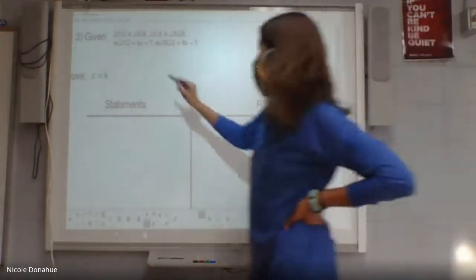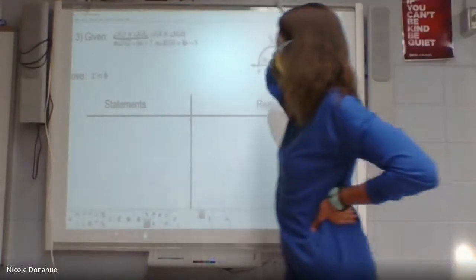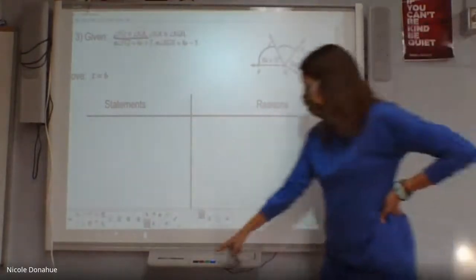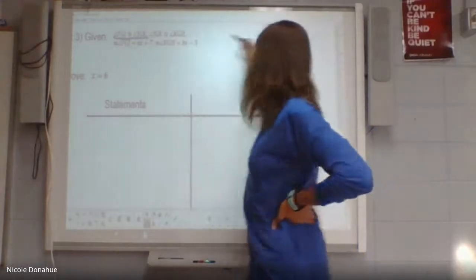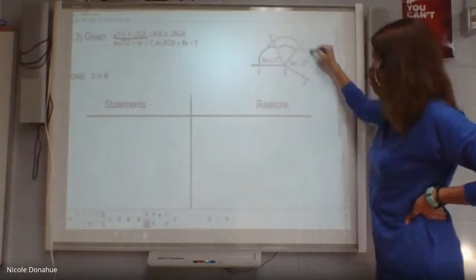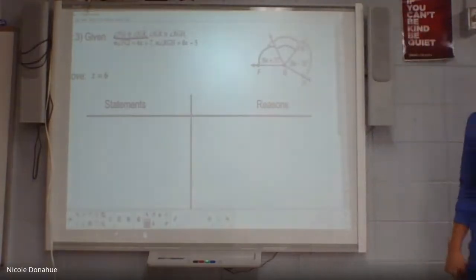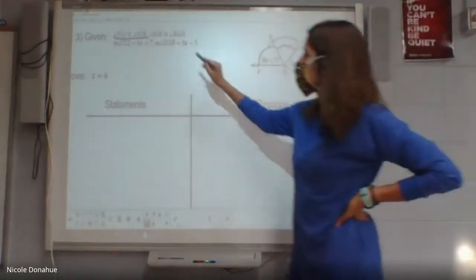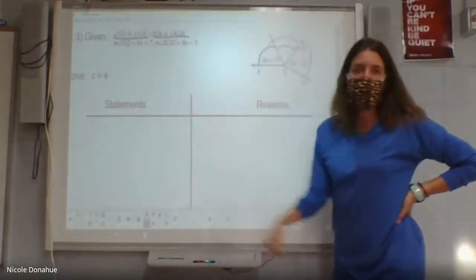They tell us that information here. Then they tell us that JGK, the one I just marked, is congruent to KGH, that one. So I have to write that down as a given statement.